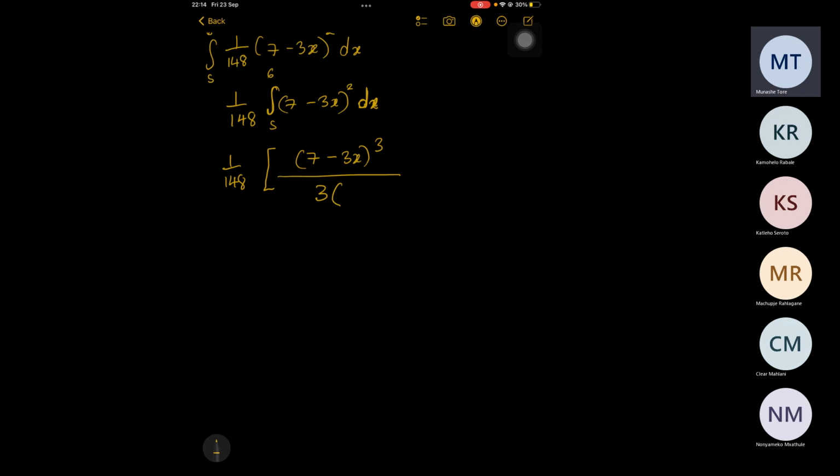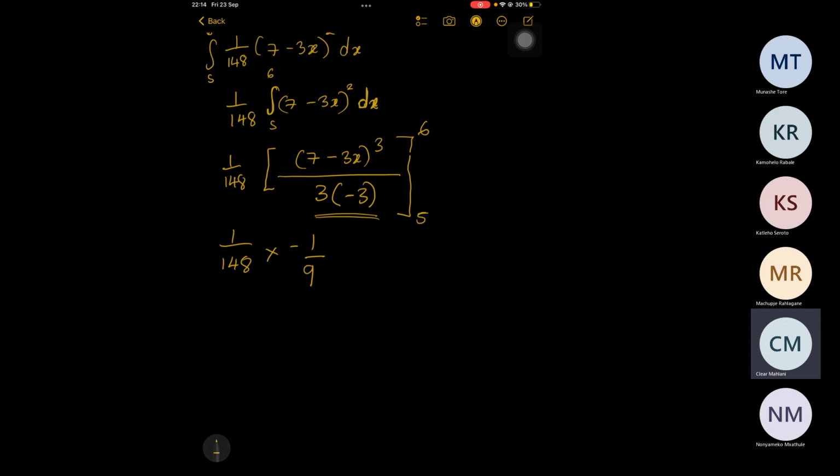The derivative of the bracket, which is negative 3. Then what are the limits of integration? We have 5 and 6. So what you do is 1 over 148. Since this is a constant, you can factor it out also, times negative 1 over 9.